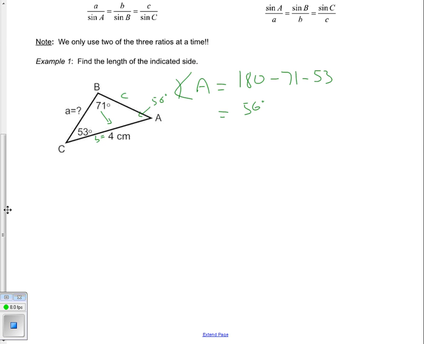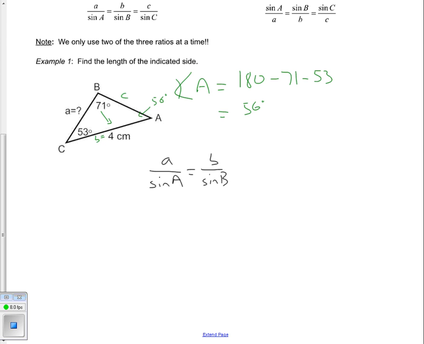So we know that in this case, our sine law, we've got A over sine A is equal to B over sine B. Okay? We don't need to worry about C, so we only need 2 of the 3 pieces at a time.